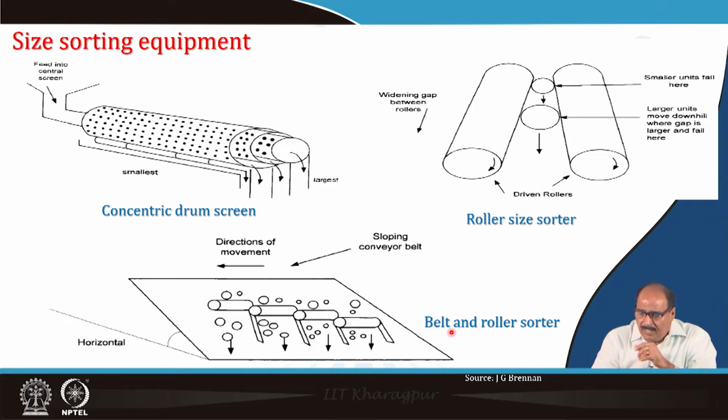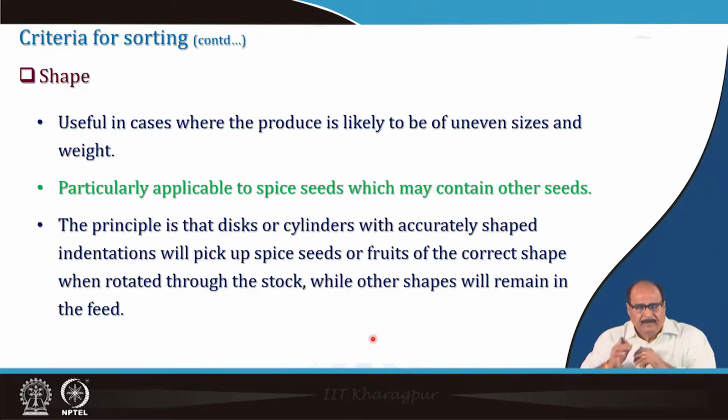Also there is a belt and roller sorter, where a sloping conveyor belt is used, and the direction of movement is shown by the arrow. As the material goes down, it is separated into different sizes, and again the materials are grouped. You are getting the material according to size, separated.